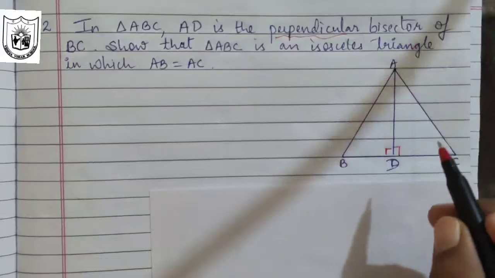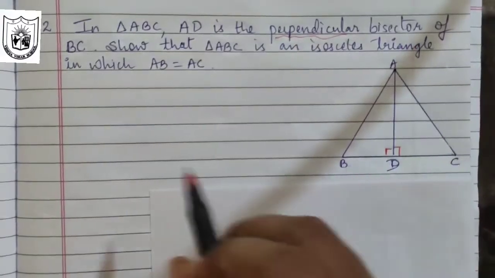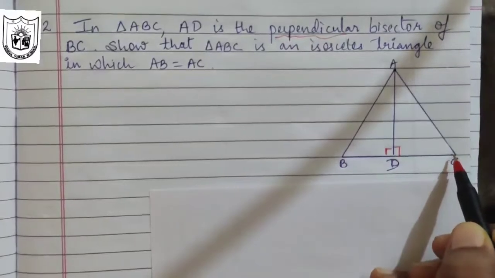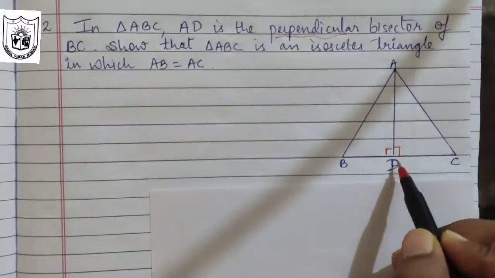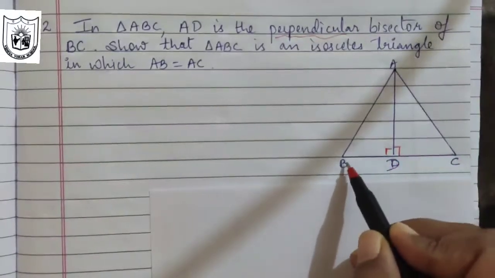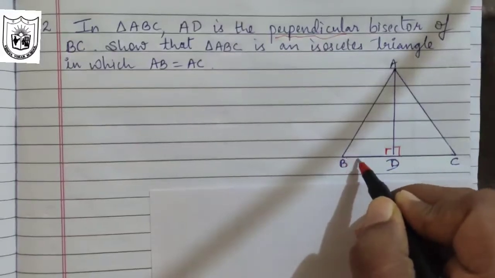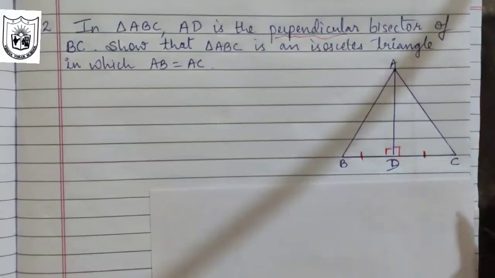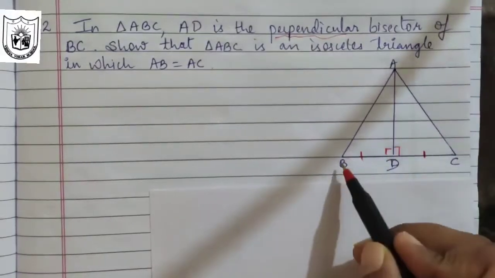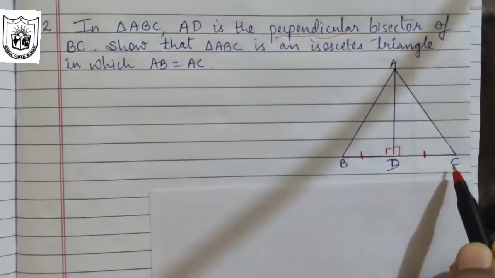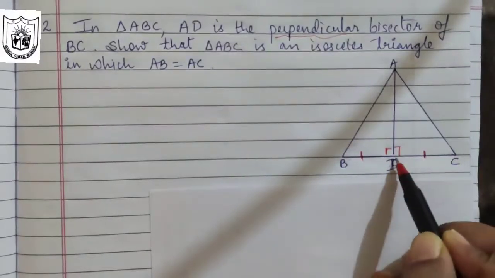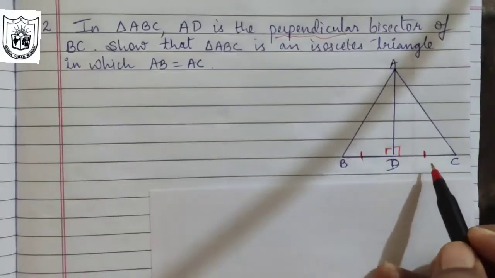It means it is bisecting this line segment BC. So let's say if the line segment BC is measuring 10 centimeters, D will be exactly at 5. So this line segment BD and DC will also be equal, because AD is bisecting this full line segment BC. Therefore BD and CD will be equal.